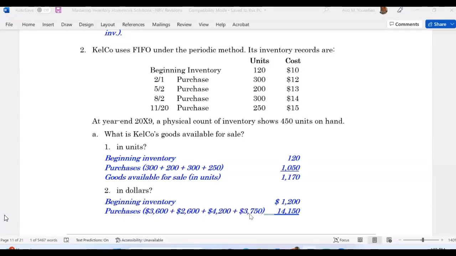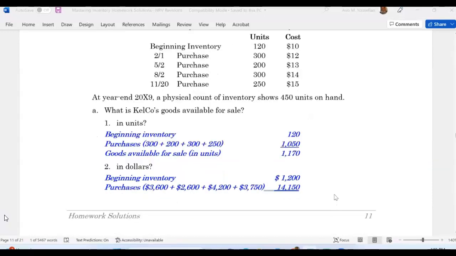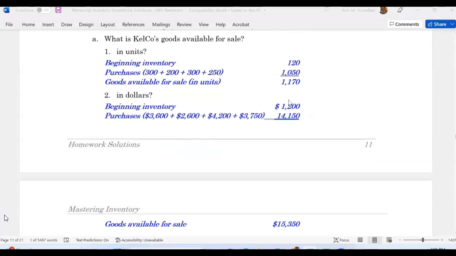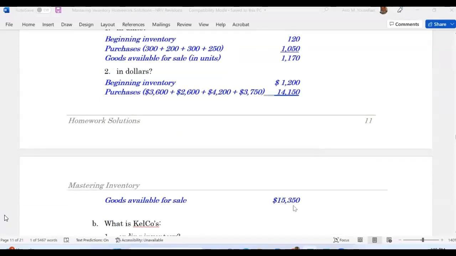And if you multiply that and you add them up, it is 1410. And 1410 plus 1200 is 15,350. That's goods available for sale. So units available for sale and goods available for sale in dollars.